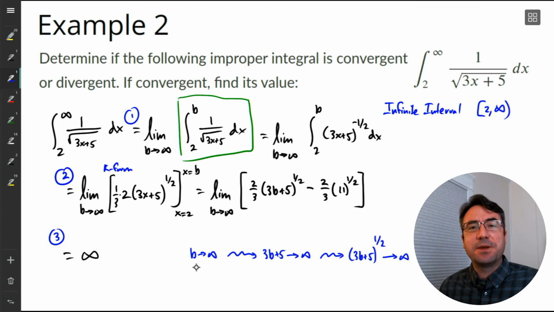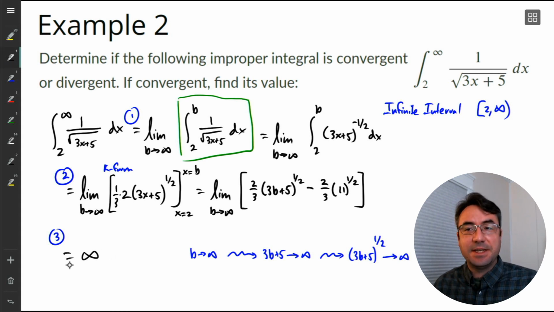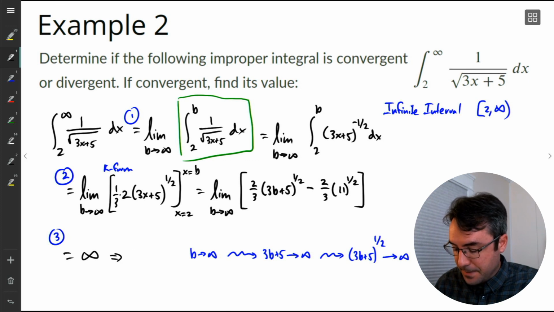We're going to go through some usual limits at infinity that we're going to see. But that'll be for next time. So what we've just shown is that this entire limit is getting larger and larger. And so what that means is the limit technically does not exist. And so our improper integral is divergent.